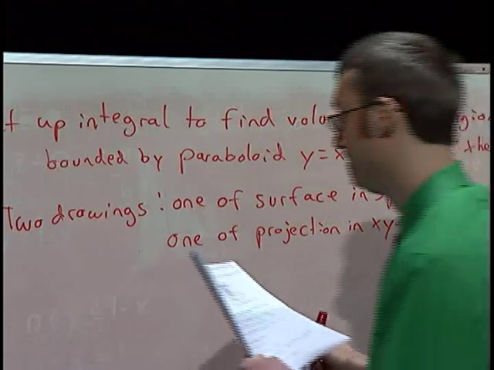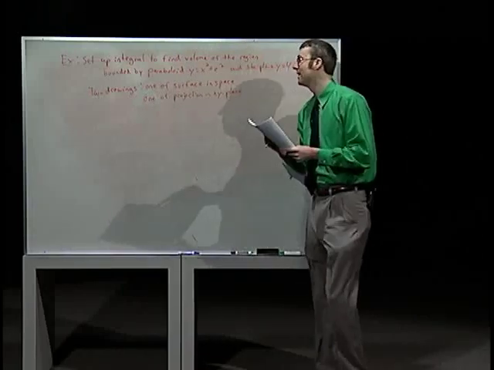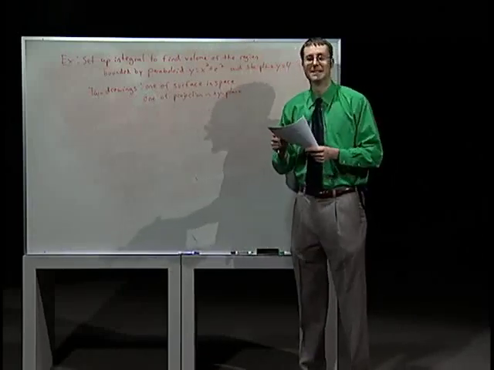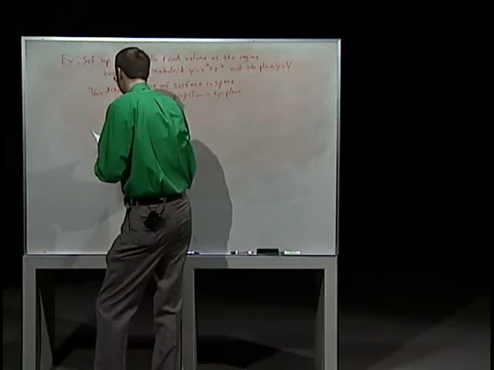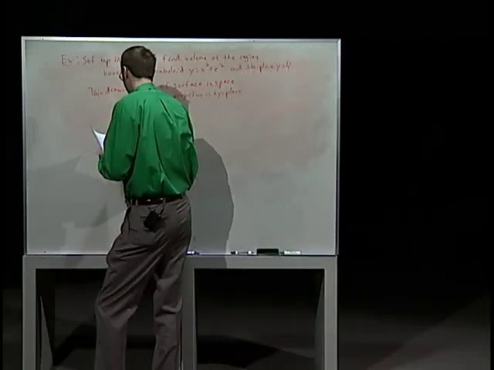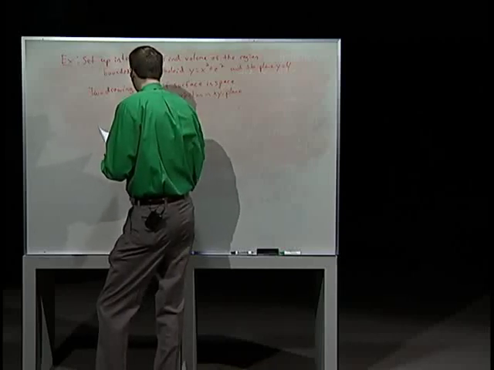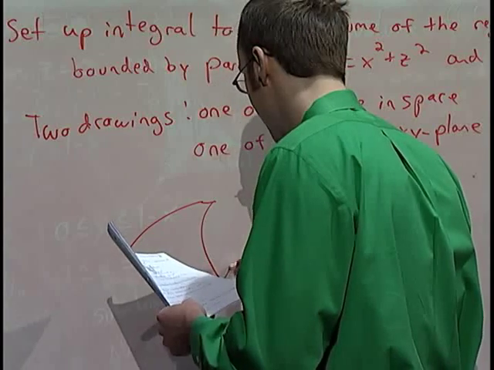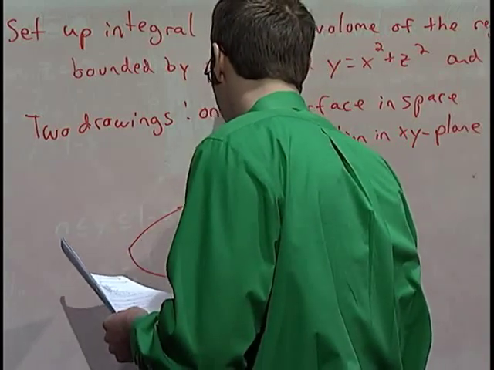Okay, so the paraboloid x squared plus z squared is symmetric across the y-axis. So what we have is something that looks sort of like, let's see here. How's that? I've seen worse, I guess.